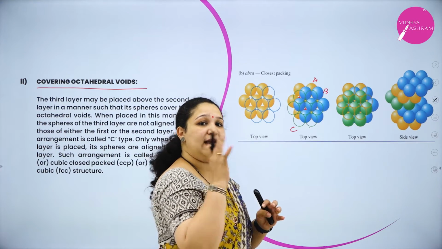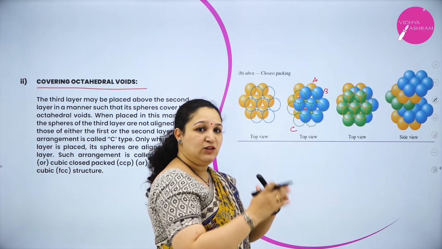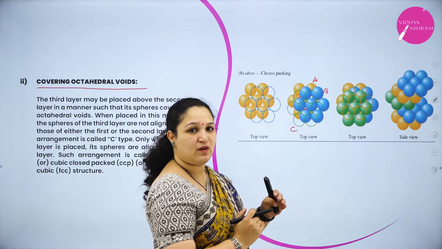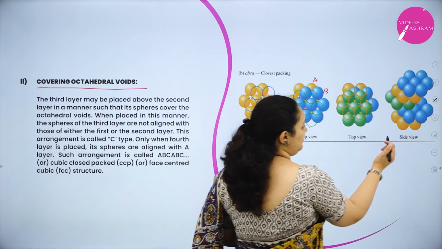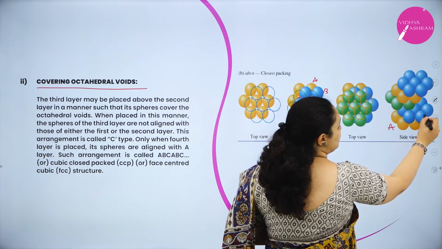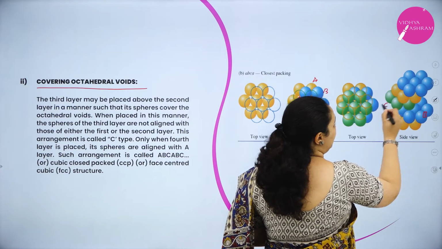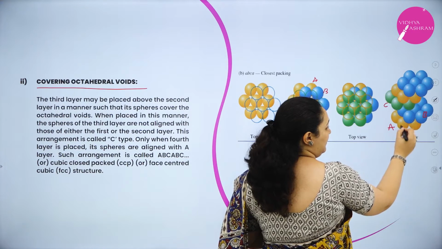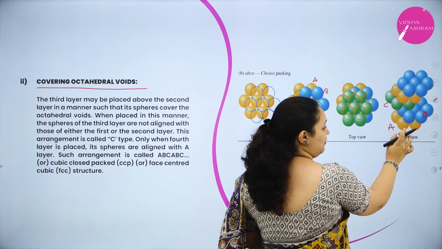So when the fourth layer is kept, only then the fourth layer and the first layer are aligned with one another. Okay, you can see here, this is the layer A, this is the layer B, this is the layer C. Now if you see, the fourth layer when I keep, it is aligning with this A layer.